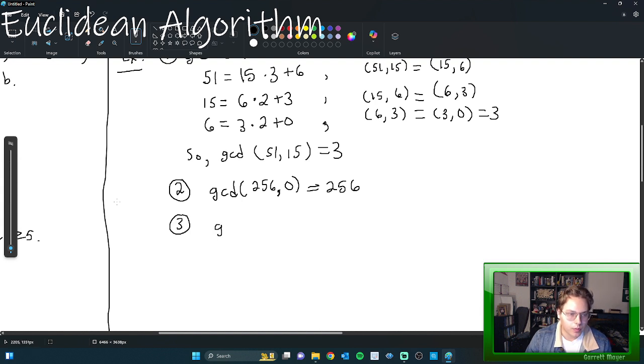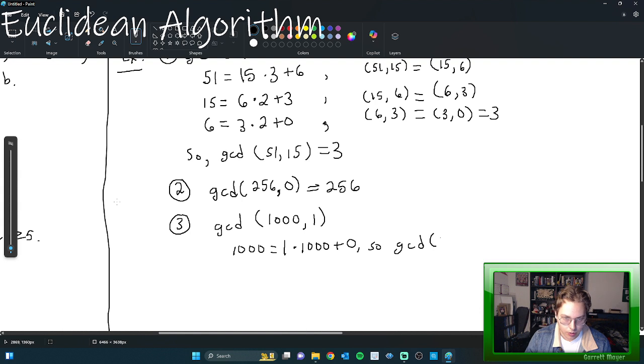So for the third one, we'll look at the GCD of 1 and 1,000. And for this, it's only one step. 1,000 equals 1 times 1,000 plus 0. So GCD of 1,000 and 1 equals GCD of 1 and 0, which is just equal to 1.